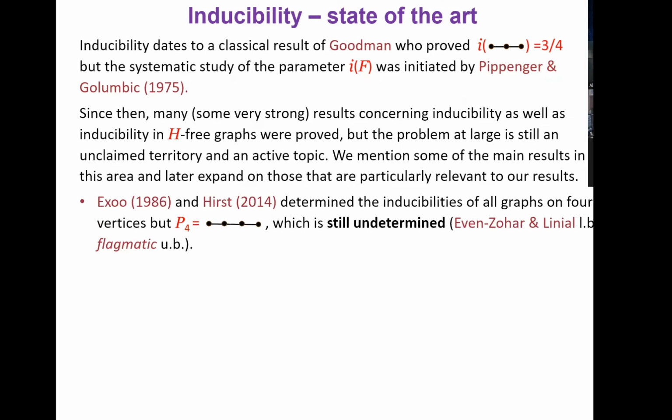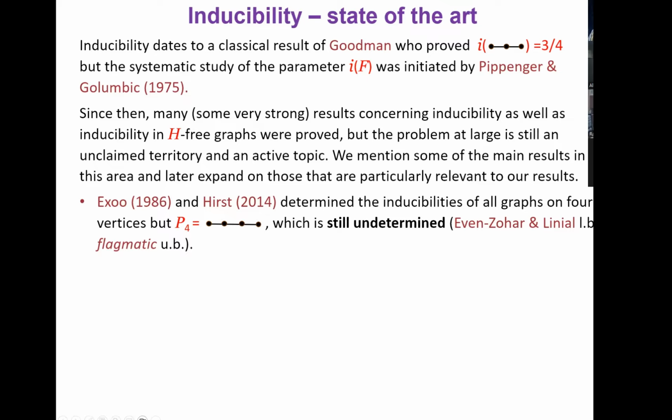So the inducibility of a clique is trivial, it's just 1. And also notice the inducibility is closed under complement, so the inducibility of the empty graph is also 1. So together with Goodman's result, we have the inducibility of all graphs on 3 vertices. No more options. So what about graphs on 4 vertices?